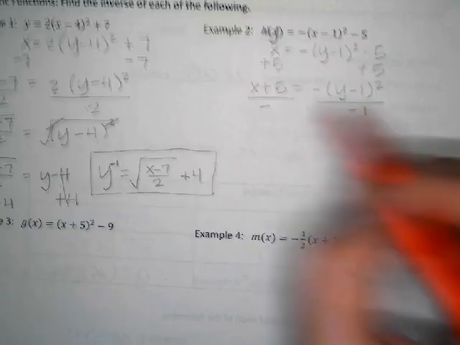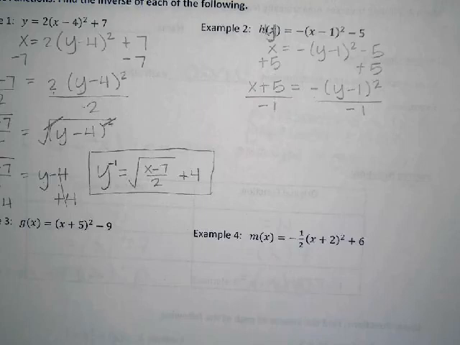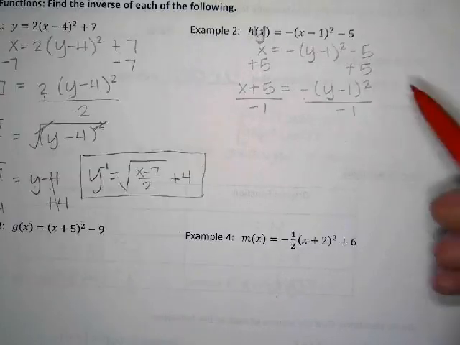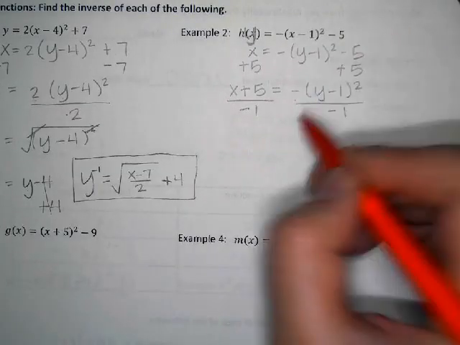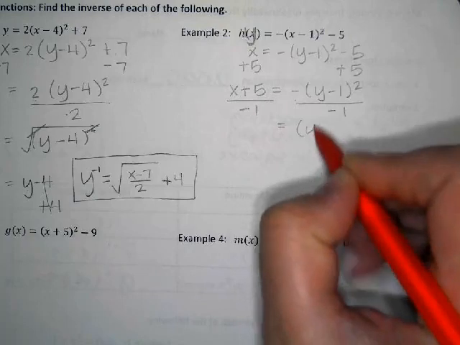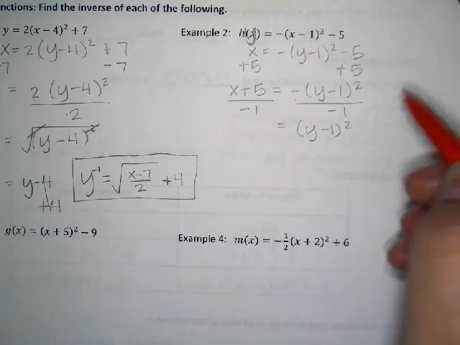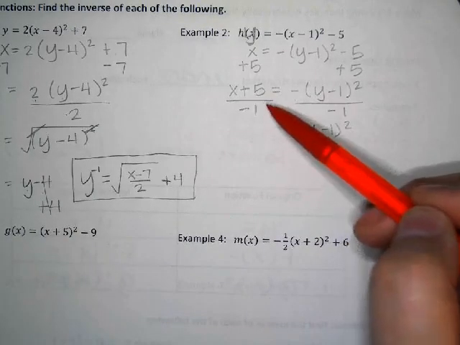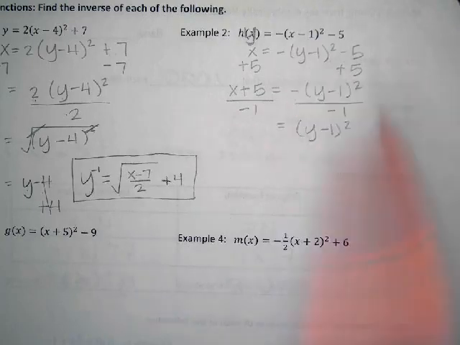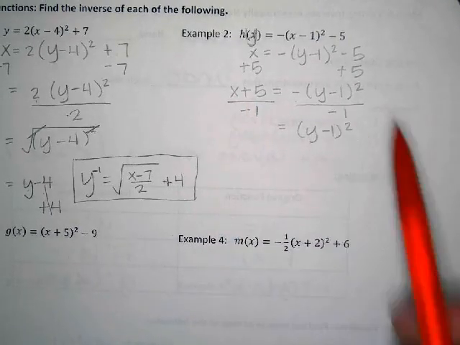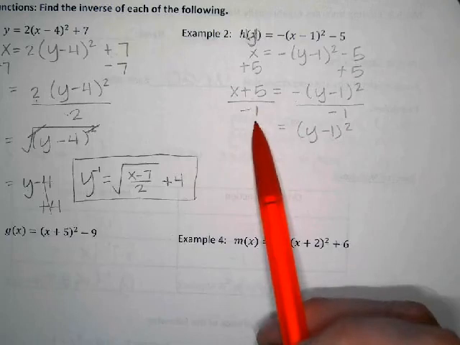And so over here, this cancels out the negatives, right? Y minus 1 squared. And then over here, what happens to both of these if we divide by a negative 1? Because most people would not just leave a fraction with a 1 on the bottom.